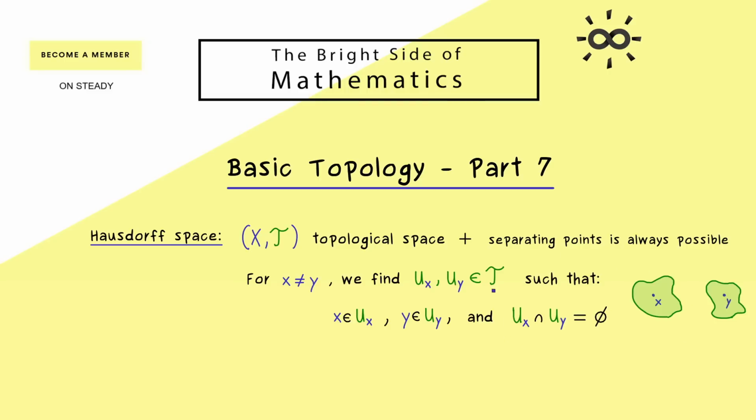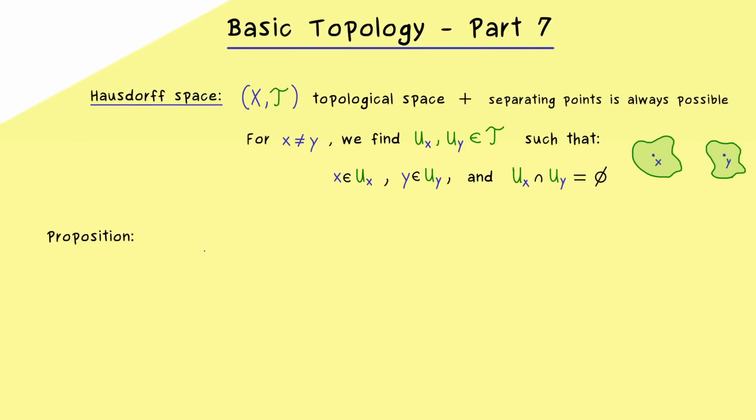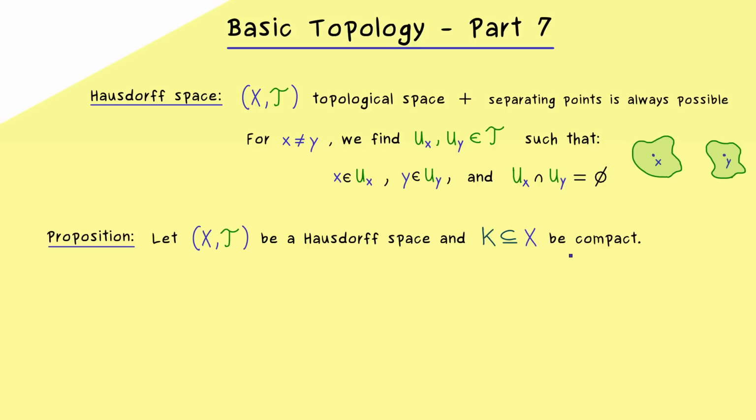Okay, so this was nothing new, this was just the definition of a Hausdorff space. And here the topic of this video is a nice thing we can do in a Hausdorff space. Namely, we will look at a compact set in a Hausdorff space. Perhaps a good name for the compact set is a capital K. At this point you should know that compact means that any open cover for K has a finite subcover.